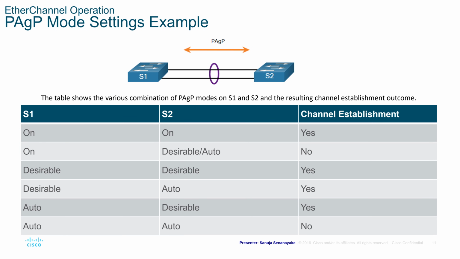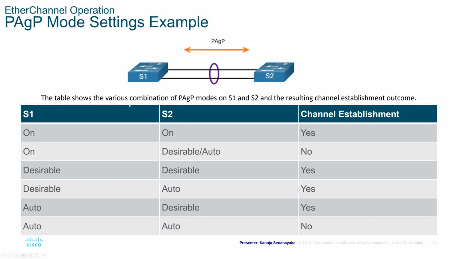As I mentioned, this is an example table that gives you an idea about how PAgP mode settings work. We have two switches with an EtherChannel, and PAgP enabled. Switch 1 and switch 2 have two links.